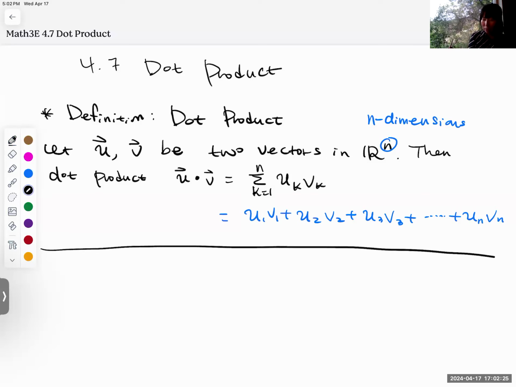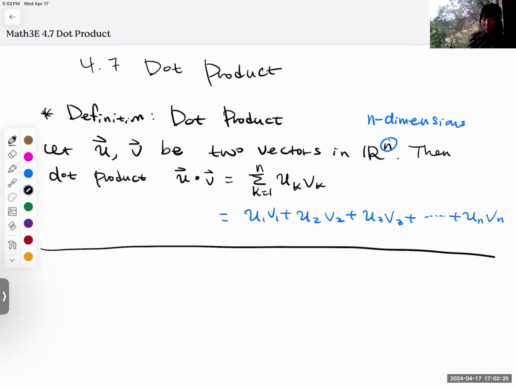What does it mean? Find U dot V. So the dot product of U and V, we can read it that way, for vector U equal to 1, 2, 0, -1, and V equal to 0, 1, 2, 3. Now how do you find U dot V? We multiply the first component with the first component.